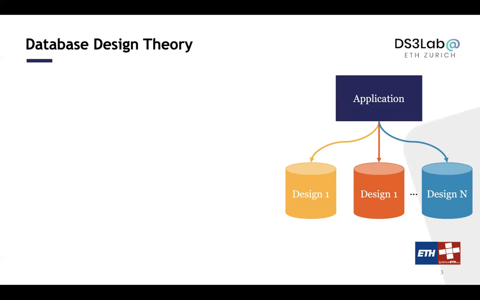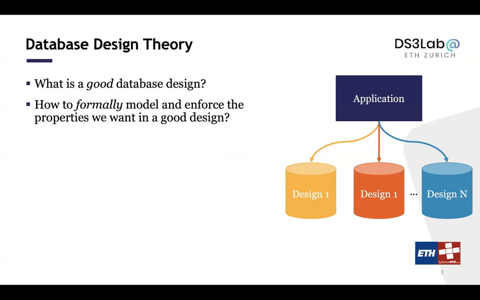One question that we really want to understand is how can we reason about the pros and cons of different ways of designing this logical schema given your application. That is something we have been talking about over the last couple of weeks, involving database design theory. Essentially, the fundamental question is what is a good database design and how to formally model and enforce the property we want in a good design.